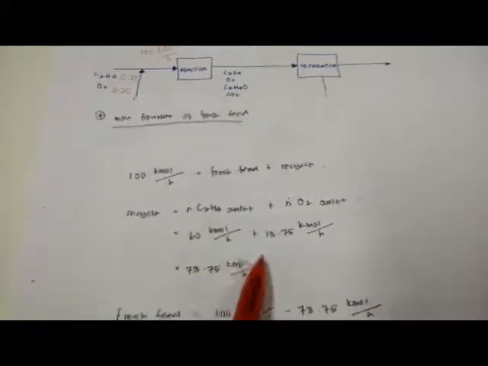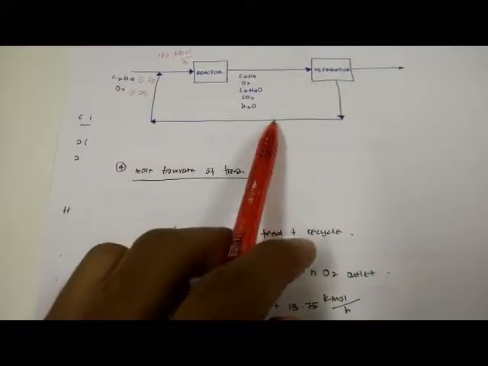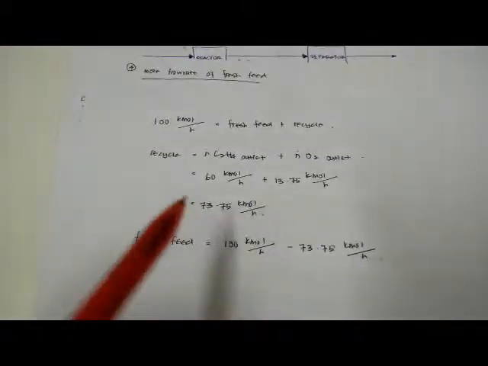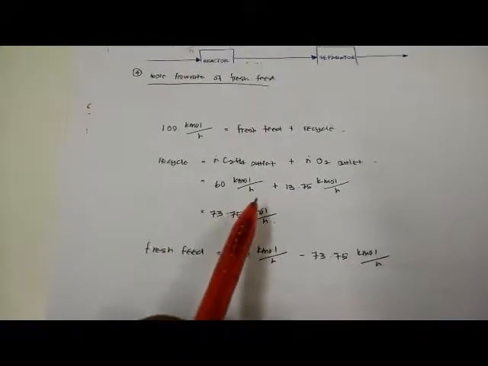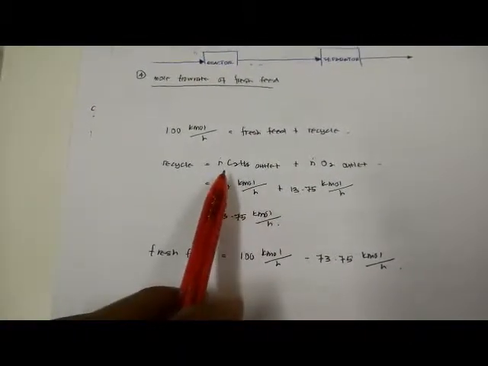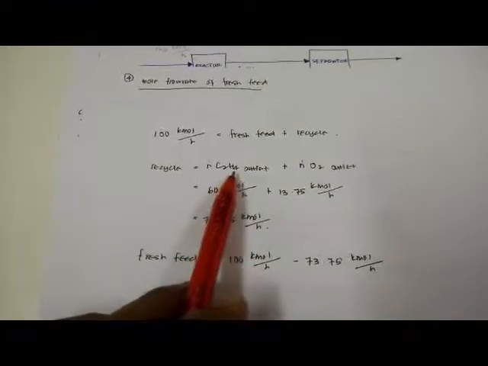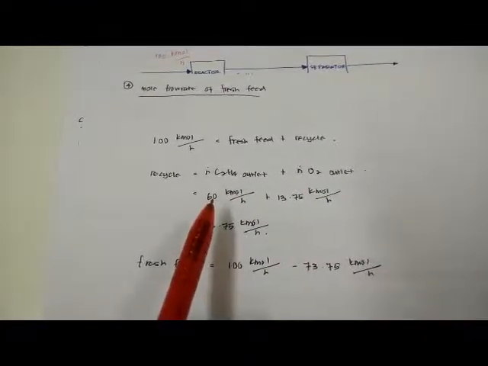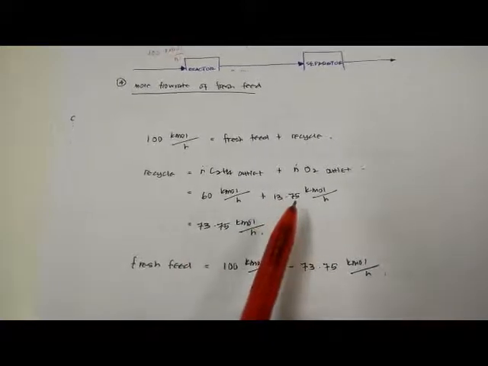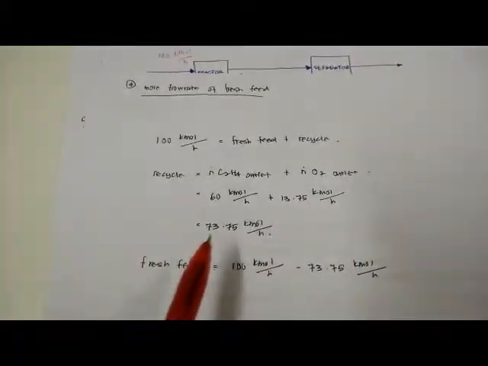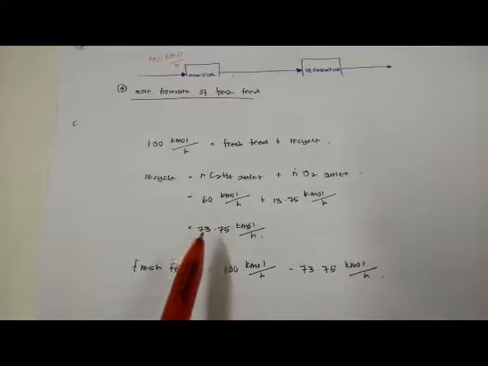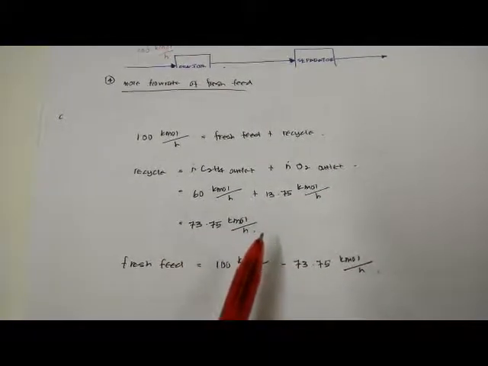The recycle here is ethylene and oxygen. So we use the information that we get from the calculation. Mole flow rate of ethylene outlet plus mole flow rate of oxygen outlet, which is 60 kmol per hour plus 13.75 kmol per hour, and the answer is 73.75 kmol per hour.